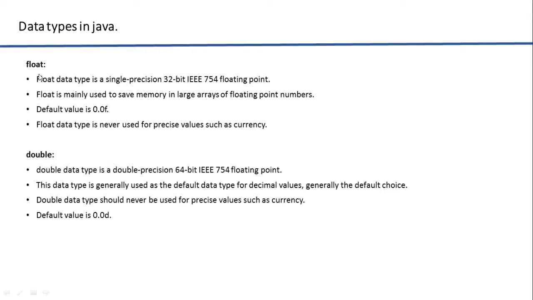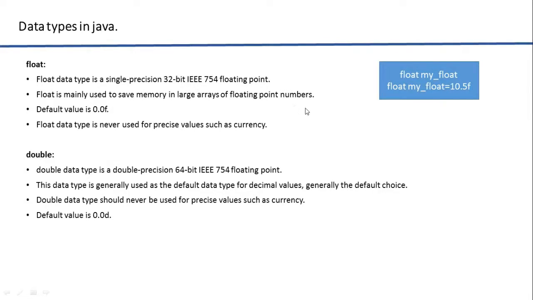The size of float is 4 bytes and the size of double is 8 bytes. The default value of float is 0.0f and the default value of double is 0.0d.